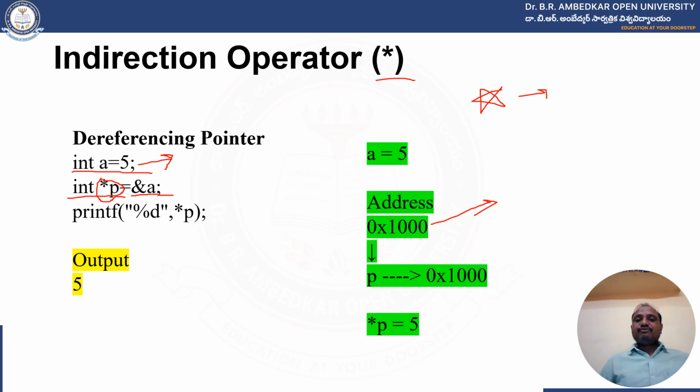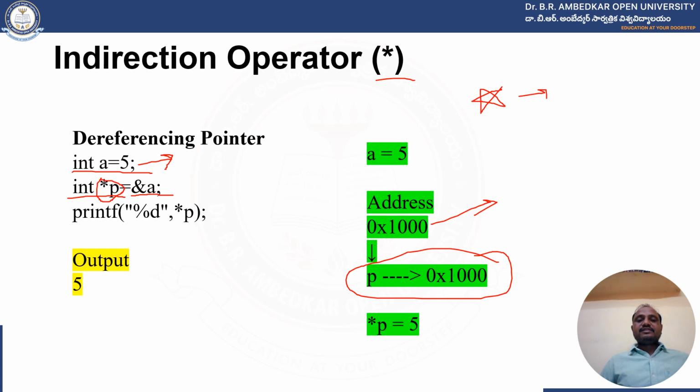As we know from the definition, a pointer is a variable that stores the address of another variable. So here the pointer p stores the address of another variable a, that is 0x1000.